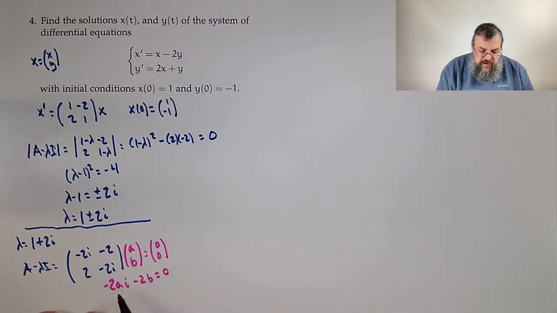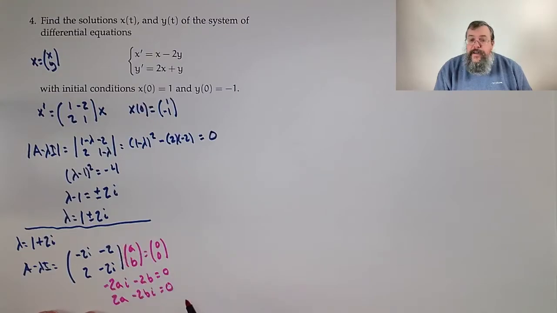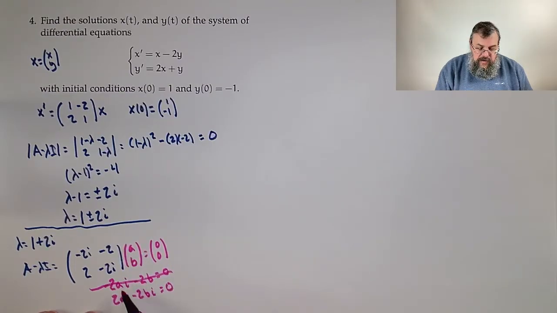Our first equation, minus 2i times a minus 2b equals 0, and 2a minus 2b times i equals 0. Now, they're redundant, which is to say, if I look at these equations, they're the same. I'm not getting any new information. So I can cross one out, doesn't matter which one. And this one, I can cancel the 2. And this says, look, a has to look like b times i.